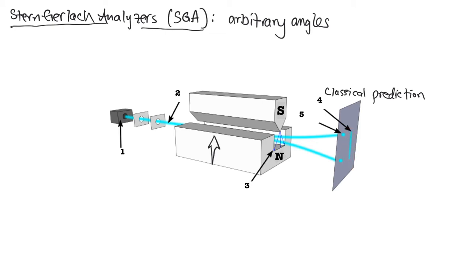But actually, when you do the experiment, you observe 2 dots, and this is the experimental data. And so what this is suggesting is that there's only 2 possible alignments of a silver atom, either aligned with the field or anti-aligned with the field.